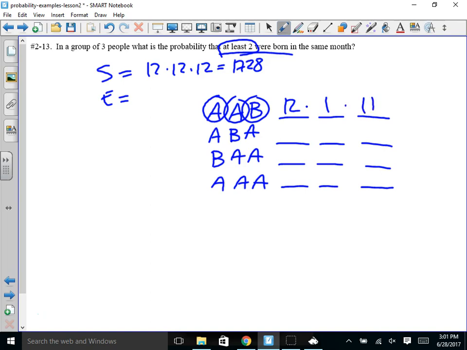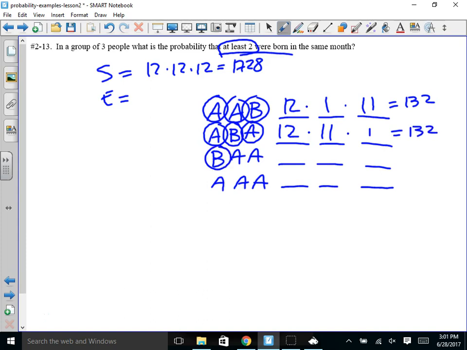So there are 12 times 1 times 11, which is 132 ways that the first two people could share a birth month, with the third person being a different month. And if we did the same thing here, there would be 12 ways for the first person to have a month. The second person would have to be one of the 11 different ones, and the third person would have to match the first one, which means there's one way to do that, which is also 132.